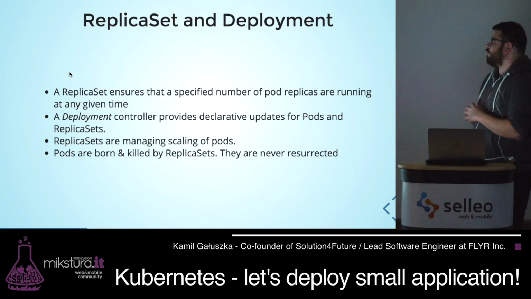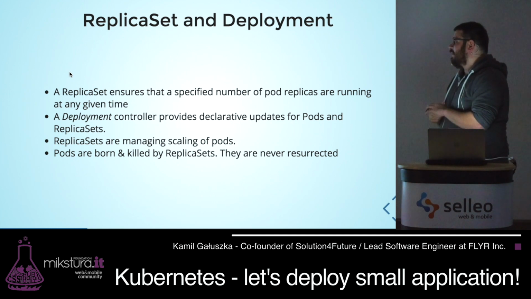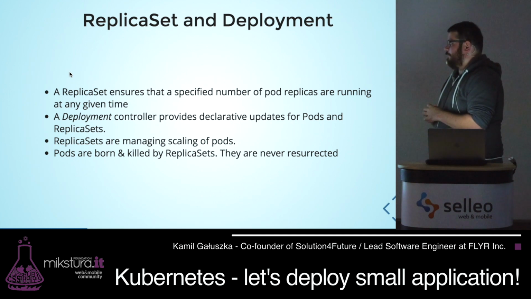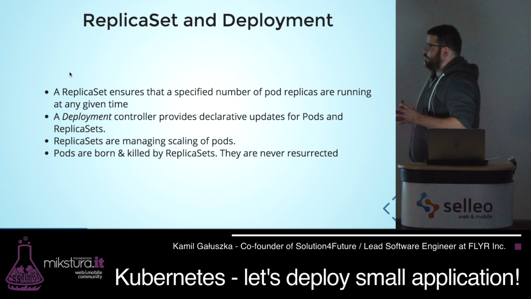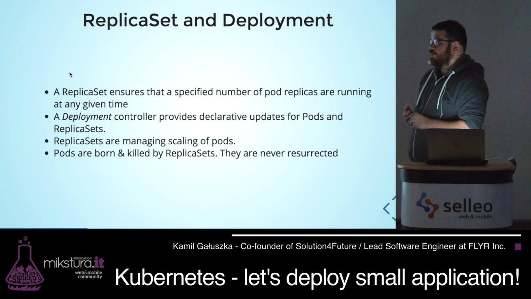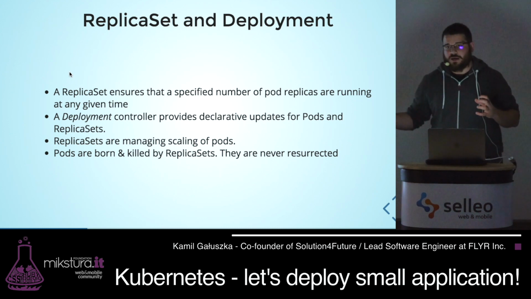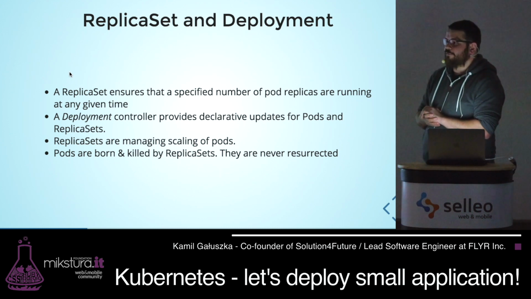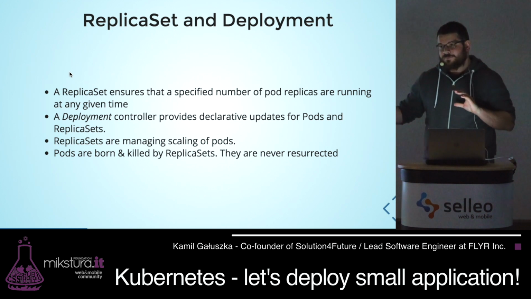The second one is Replica Set and Deployment, and those 2 objects are mostly used in conjunction; the deployment actually owns the Replica Set, and because of that I merged them in one slide. A Replica Set is some kind of controller or manager of the pods. So we have, for example, an application like an API.